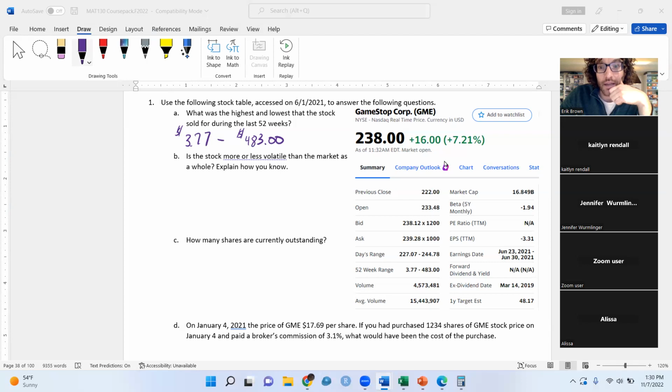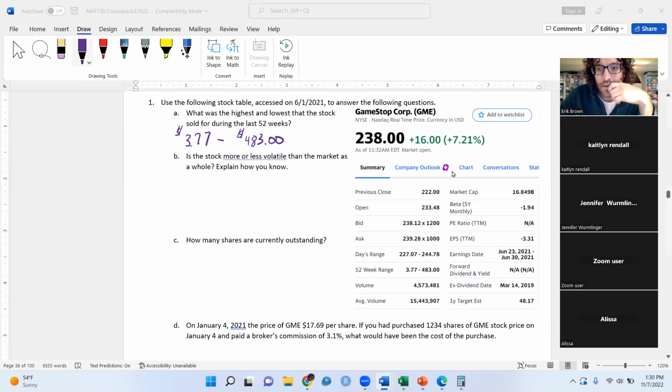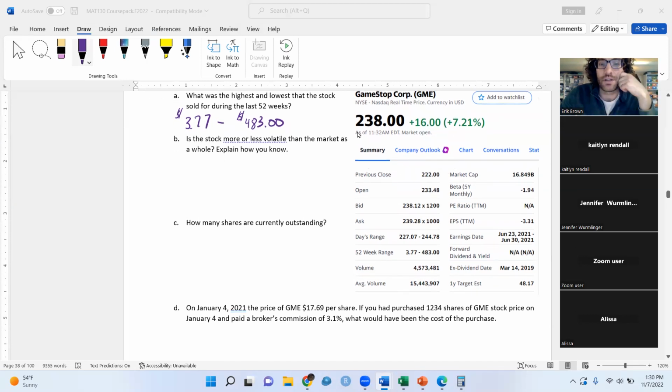On this particular day, which it doesn't say the date, it just says 11:32. I wish I would have gotten the date. It was down to 238. So it lost roughly over half its value from the high. Okay, so how do we measure volatility? Volatility is the amount of change, the fluctuation in the stock.